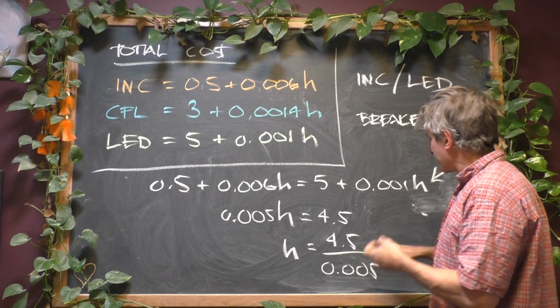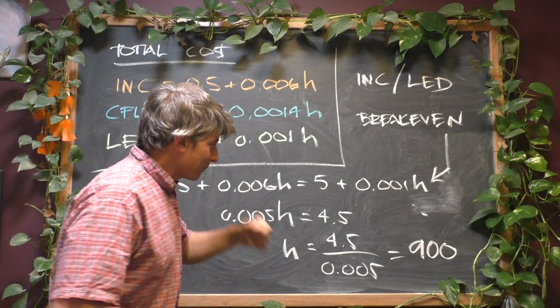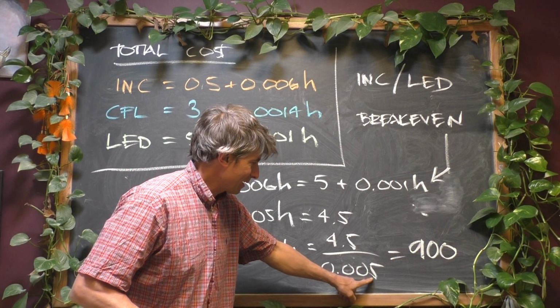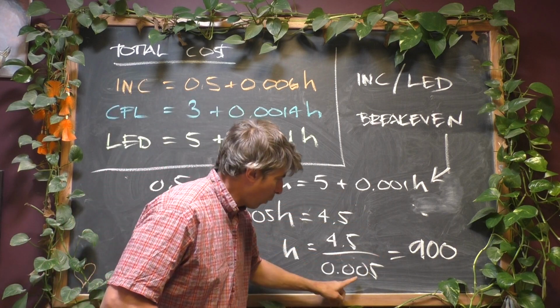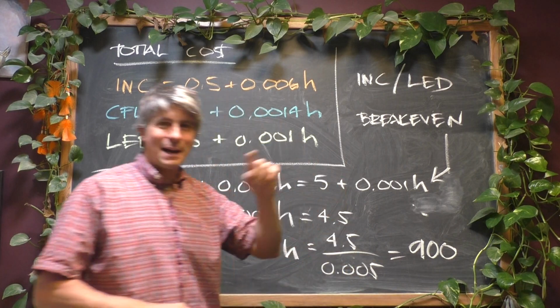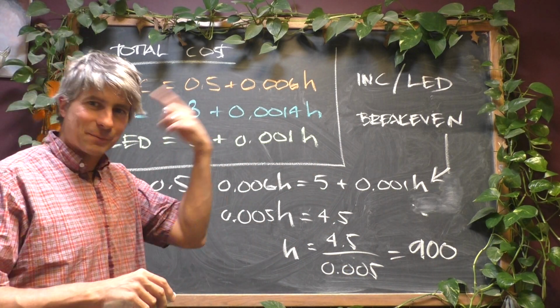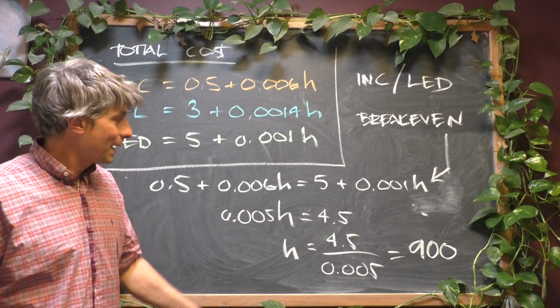Yeah, I'm thinking this is going to be 900. I can't explain it very well. But if this were half, it would be 9. 0.05, it would be 90. 0.005, it's going to be 900. It's kind of one of those fun little things my brain does. If you don't like the way my brain does math, just go ahead and plug it in your calculator.